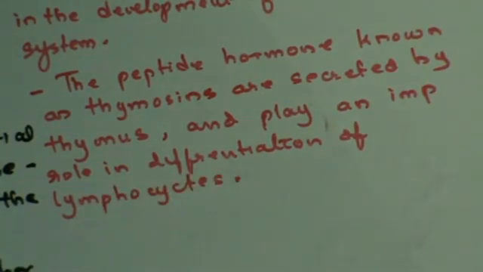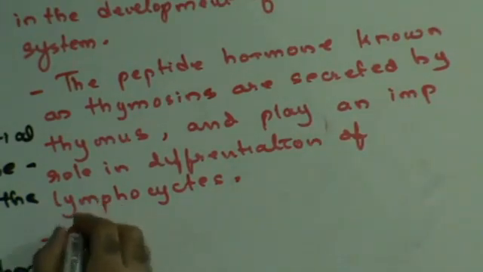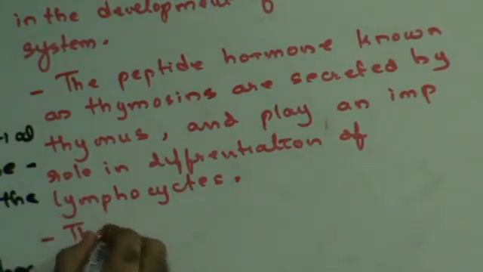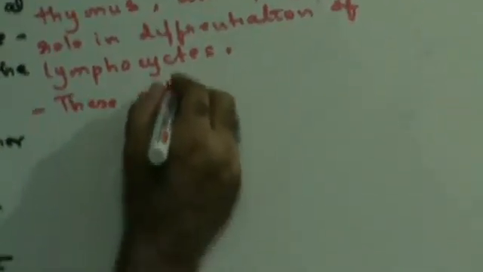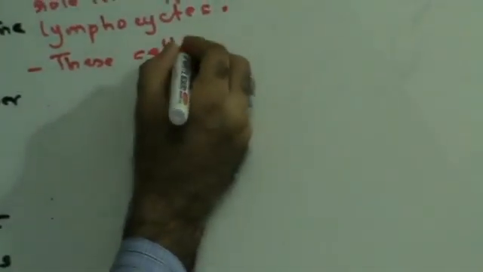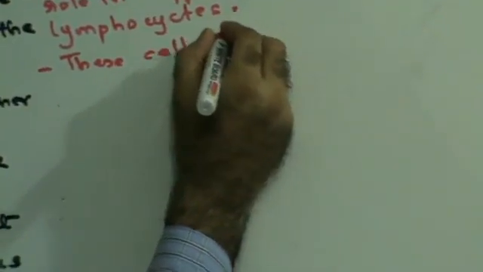Now, besides playing an important role in the differentiation of lymphocytes, these cells also produce cell-mediated immunity. That's another kind of immunity. We'll learn about all of this in the immunity chapter.